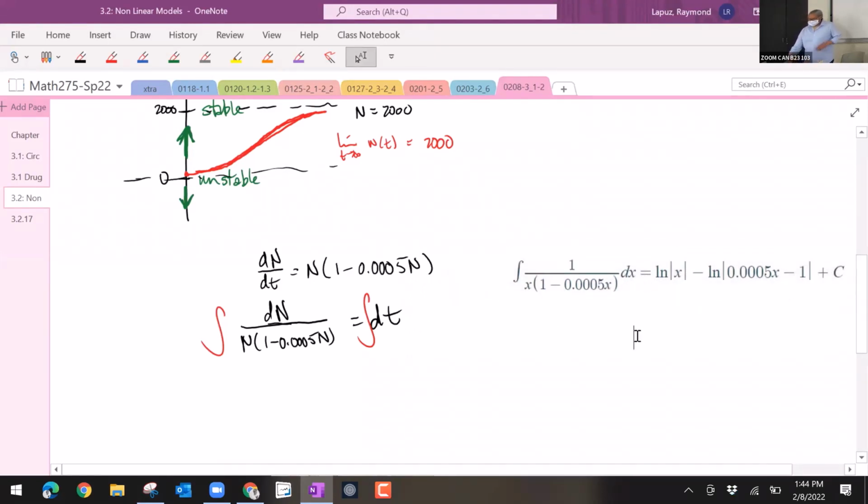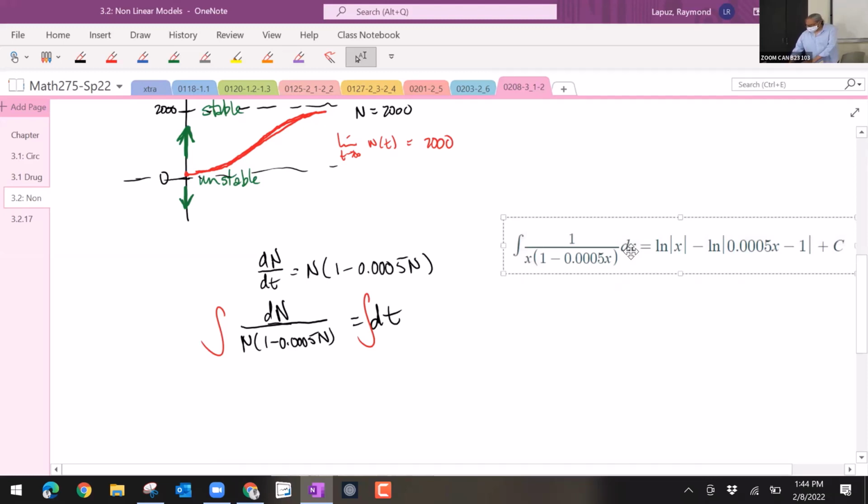So I'd be interested in combining this into, because I'm eventually going to want to solve for capital N. So I'm going to be interested in combining this into one expression or one term. And the natural logs have these special properties of finding ways to combine and to take them apart.